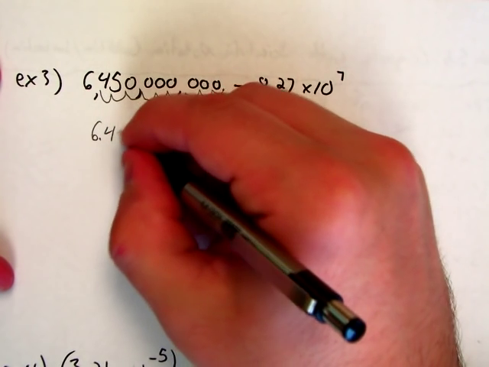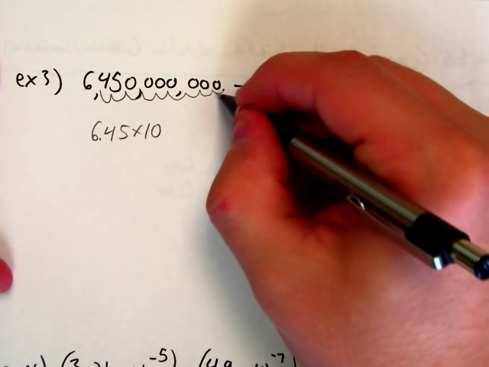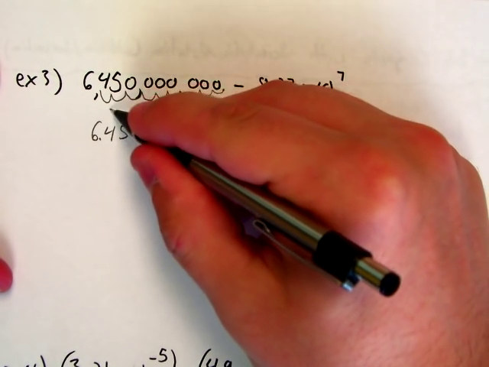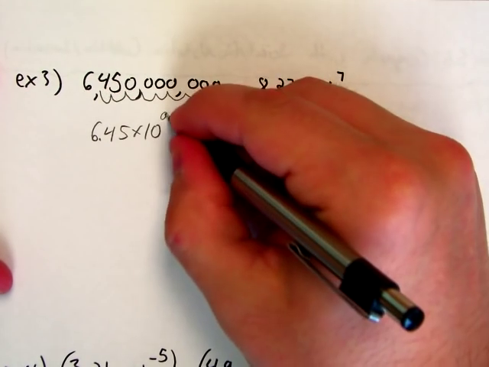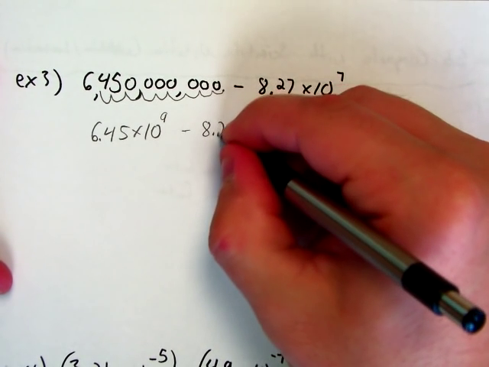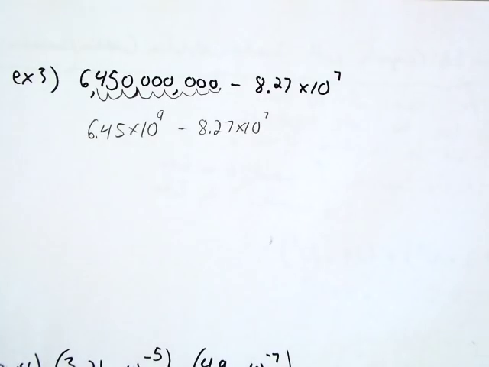So this is really going to be 6.45 times 10. Number of places is 1, 2, 3, 4, 5, 6, 7, 8, 9. So this is going to be 6.45 times 10 to the 9th minus 8.27 times 10 to the 7th.